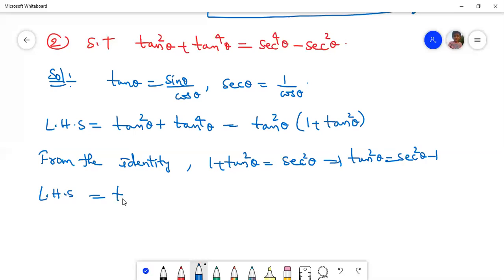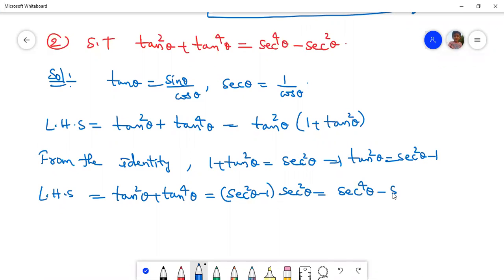So LHS is equal to tan square theta plus tan power 4 theta. It is equal to tan square theta, which is secant square theta minus 1, and 1 plus tan square theta is secant square theta. Then you multiply secant square theta into secant square theta minus 1, giving secant power 4 theta minus secant square theta.